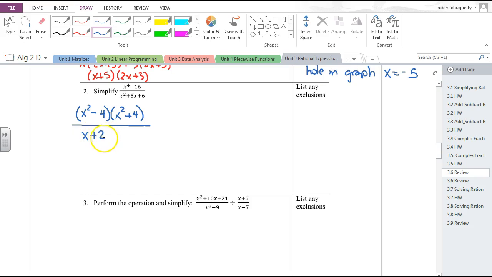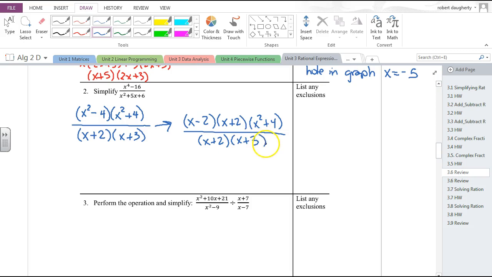Those numbers are 2 and 3. So this is x plus 2, x plus 3. Am I completely factored? No, I'm not. The numerator can be factored again. So this is x minus 2, x plus 2 times x squared plus 4 divided by x plus 2, x plus 3.